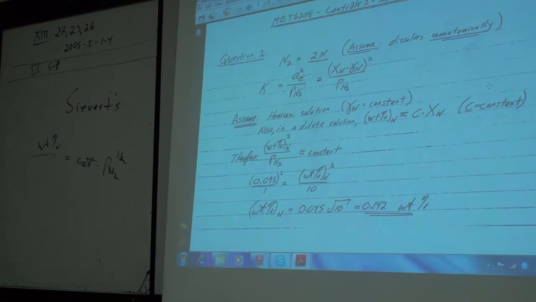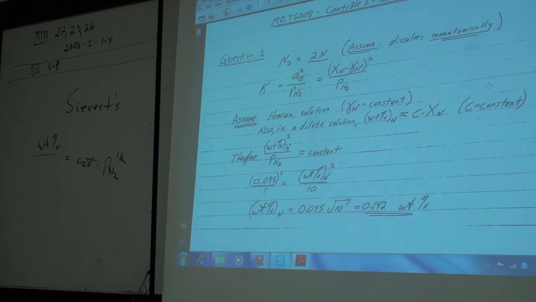So it's basically Henry's law and the fact that the equilibrium constant reflects the molecular form. So it's very important to know how the gas dissolves. For a monatomic gas, if you dissolve argon in steel, the solubility varies as the partial pressure of argon, because argon is a monatomic gas. If you dissolve nitrogen, it varies as PN2 to the 1/2.